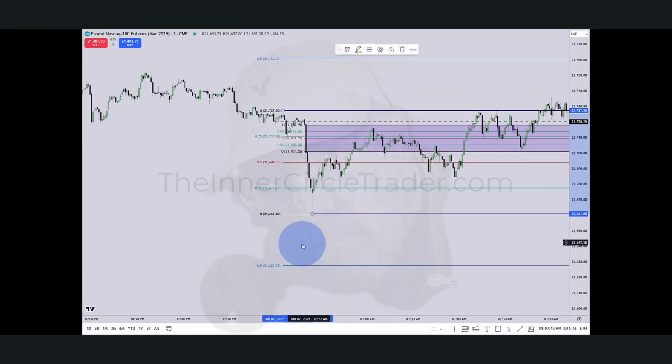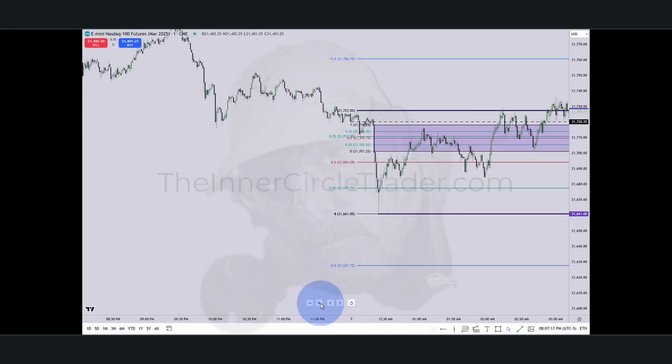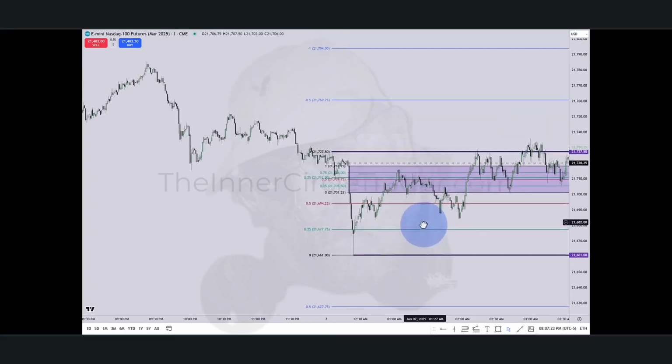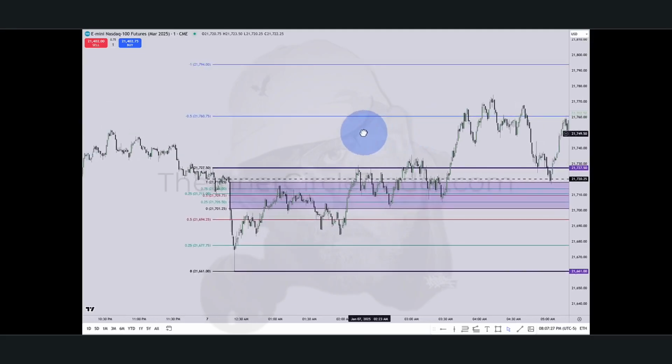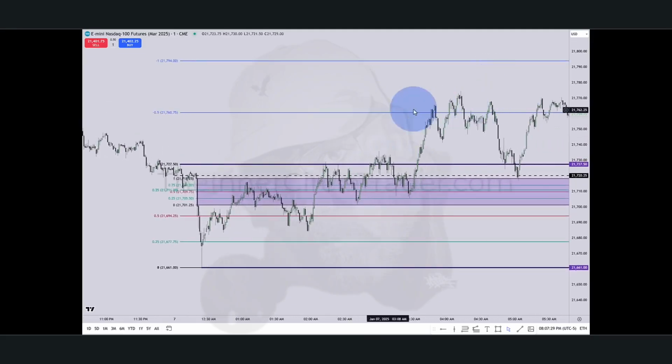And now we have things that we can project going forward. We have some relative equal highs up here, so there's buy-side liquidity. And we can anticipate price running up into these levels here, and then we have standard deviation negative 1.